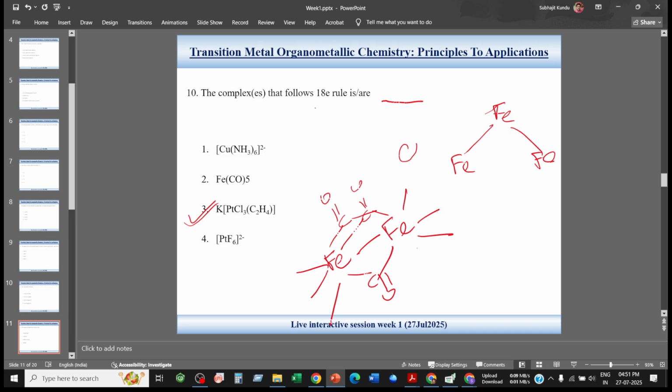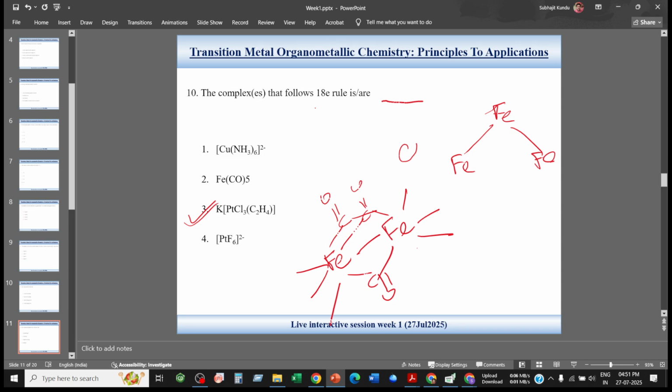The complexes here that follow the 18 electron rule is or are. Like as you mentioned earlier, it can be like an MCQ or MSQ, right? Yes, the question will be both. In the final exam, in the total assignment question, we also have MSQ and MCQ mixed up.